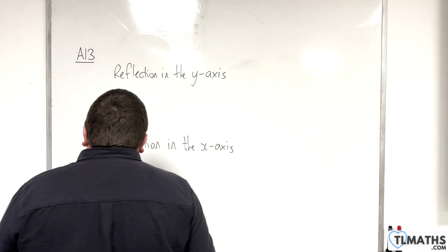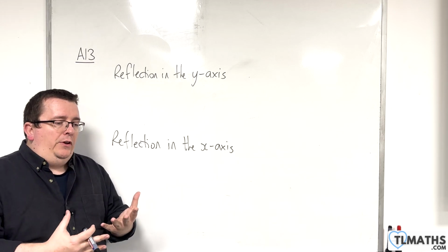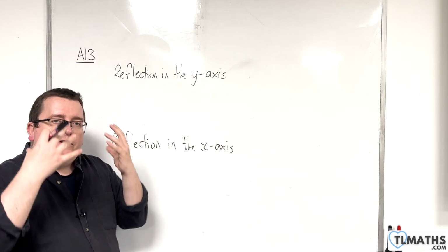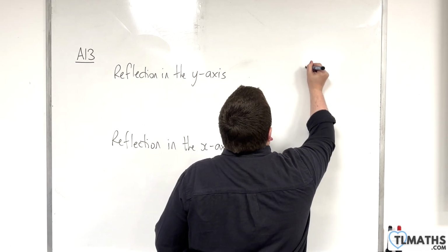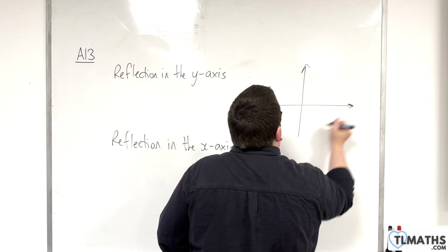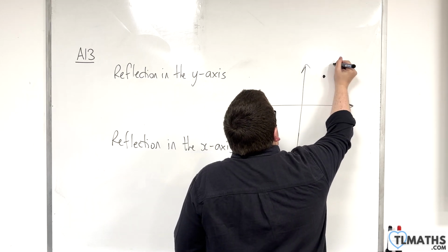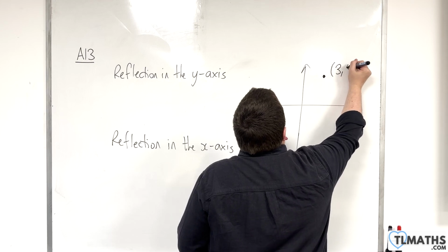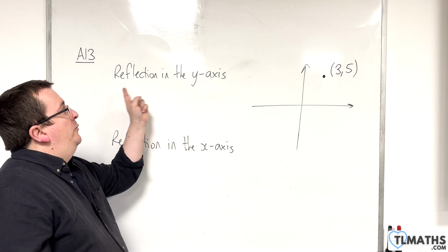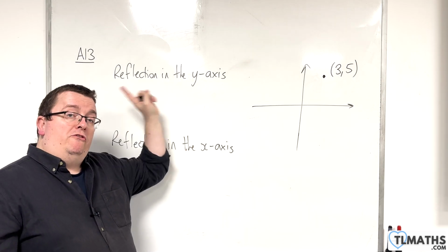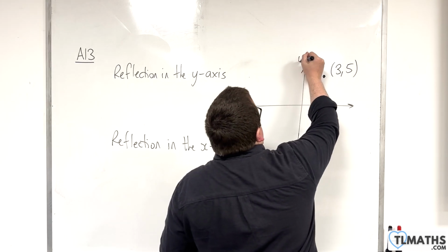So the way I want you to think about this is by thinking about a pair of coordinates and considering where they move to. So let's consider and just choose some coordinates. So let's go with this point here, and this point has the coordinates 3, 5. Okay? Now, the first thing we're going to do is we can consider what happens when we reflect that point in the y-axis. So here's the y-axis.